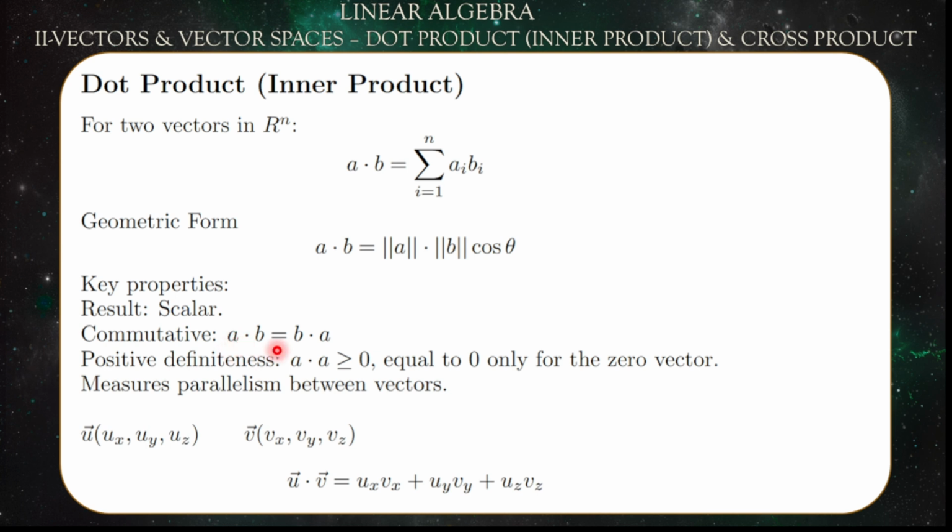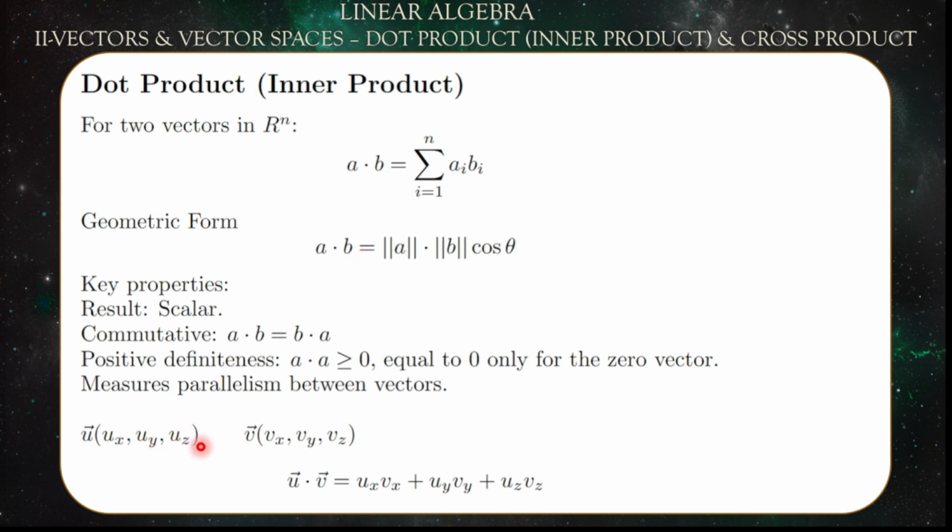Commutative, so A dot B is equal to B dot A. Positive definiteness, so A dot A is greater than or equal to 0, and equal to 0 only for the zero vector. It measures parallelism between vectors. Mainly, if A and B are two perpendicular vectors, if they are orthogonal, then A dot B would give you 0.